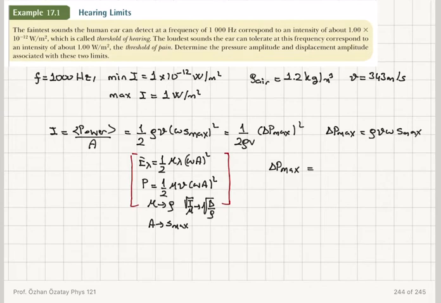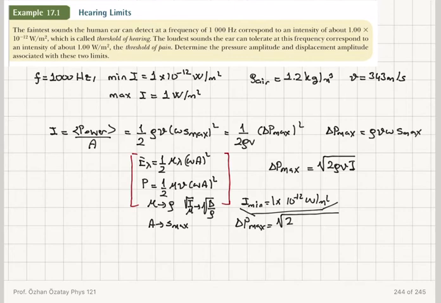Delta P max is the square root of 2 rho v times intensity I. For the threshold of hearing, I minimum is 1 times 10 to the minus 12 watts per meter squared.